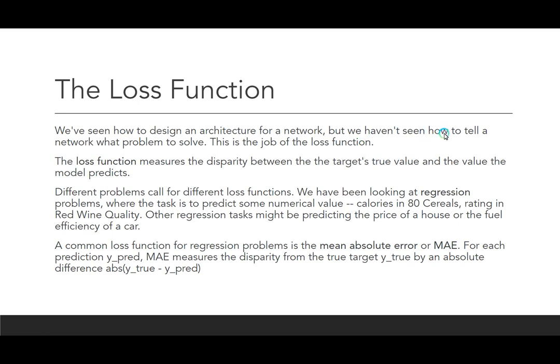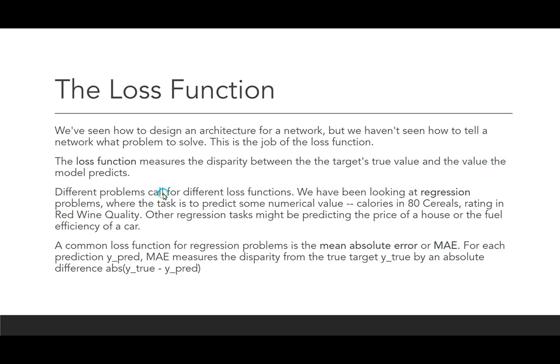So we haven't seen how to tell a network what problem to solve. We've defined a model, but does the model know what kind of problem it's solving? Is it regression? Is it classification? That's the job of the loss function. The loss function measures the disparity between the target values and the values the model predicts.